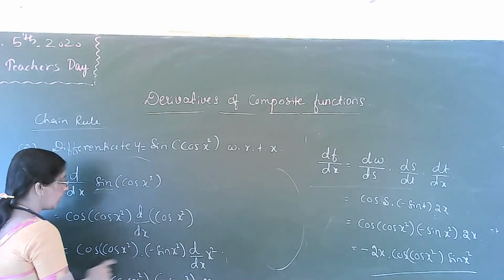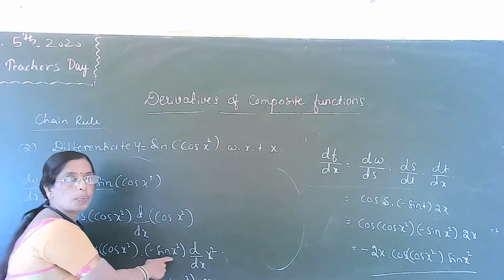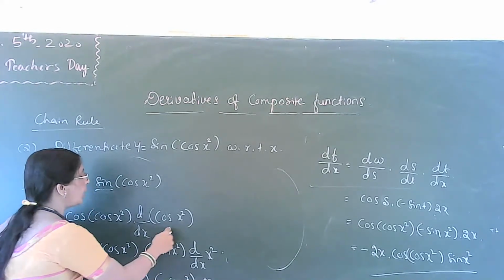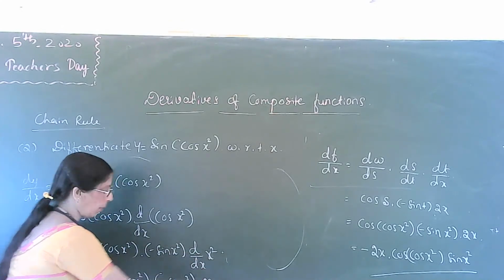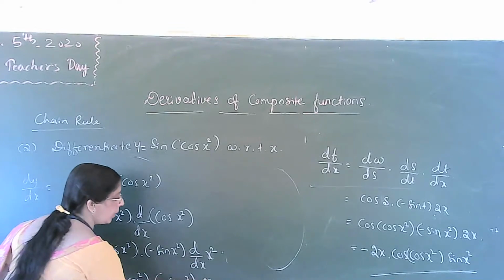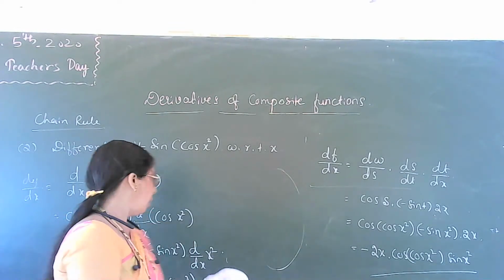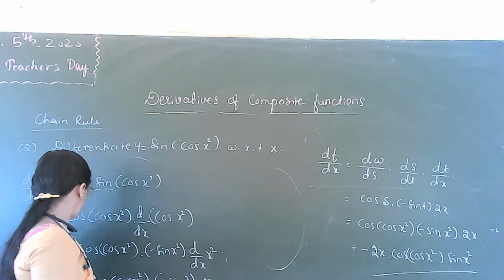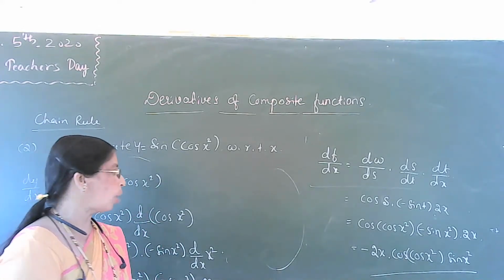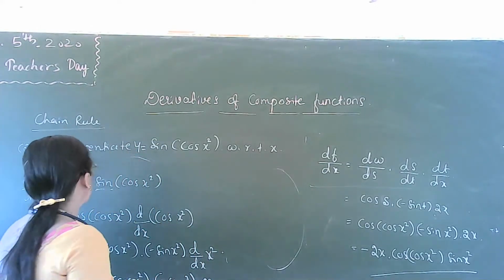Then multiply. Then the derivative of cos of x square is minus sin x square. Then find the derivative of x square. Then multiply these three. The derivative of x square is 2x. Then the product of these three functions' derivatives is equal to minus 2x into cos x square into sin x square.